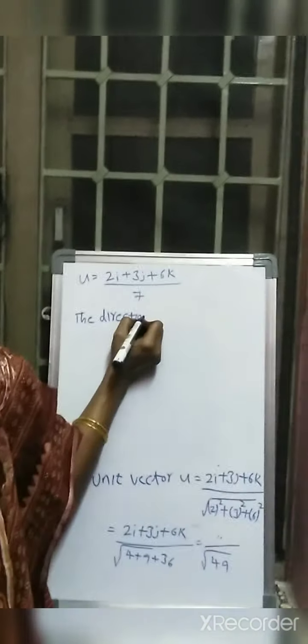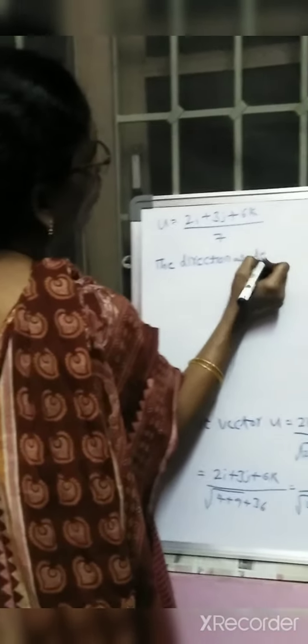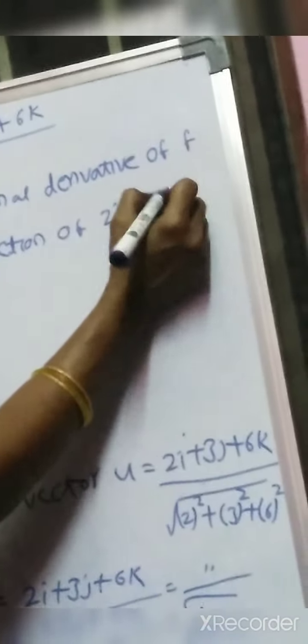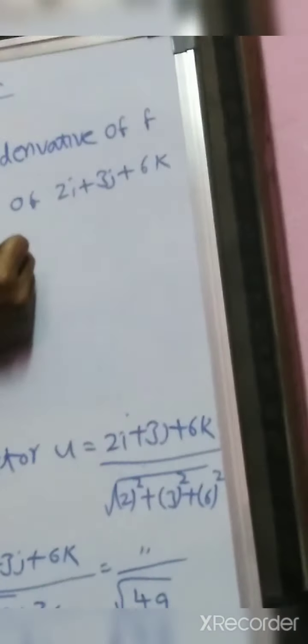So therefore the directional derivative of f in the direction of 2i plus 3j plus 6k is equal to grad f dot u.